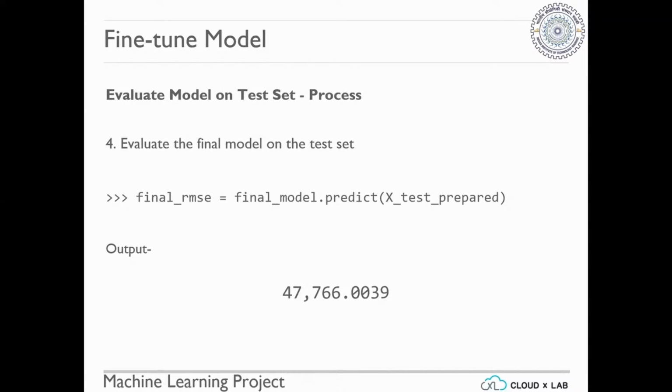The only difference is that now I'm not using the validation set to evaluate model performance, I'm using the test set to evaluate final model performance. So 47766 is the root mean square error for the best model over test data.